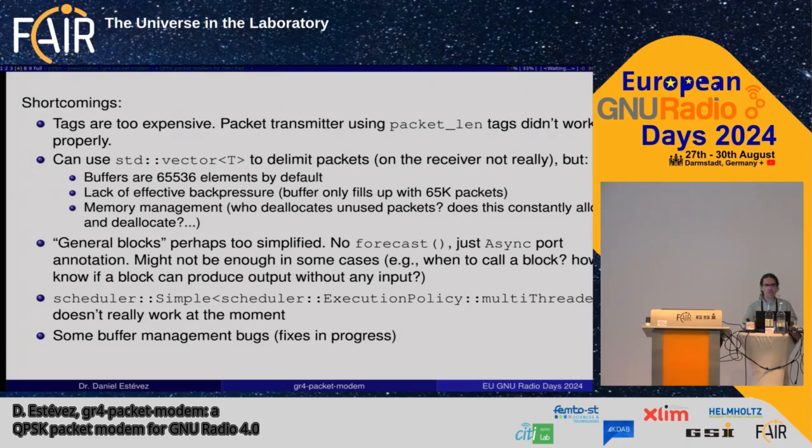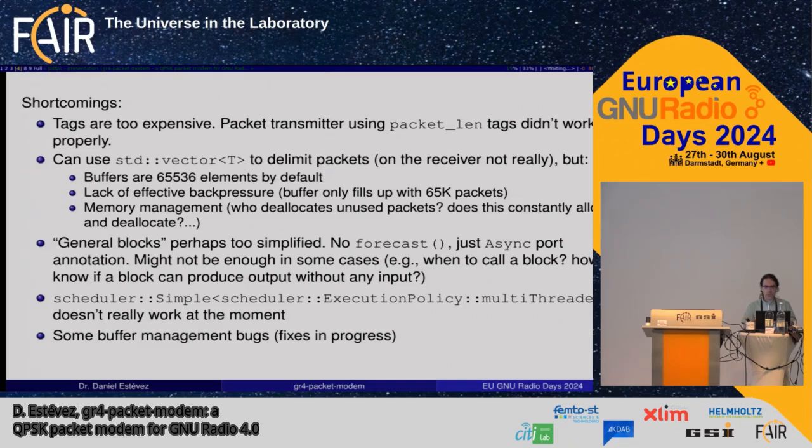With these large buffers, there is a lack of back pressure, because the buffer only fills up with 65,000 packets. And then something about memory management. So you have these standard vectors rather than scalar types. Who deallocates the unused packets? Is it constantly allocating, deallocating? All sorts of questions for me.